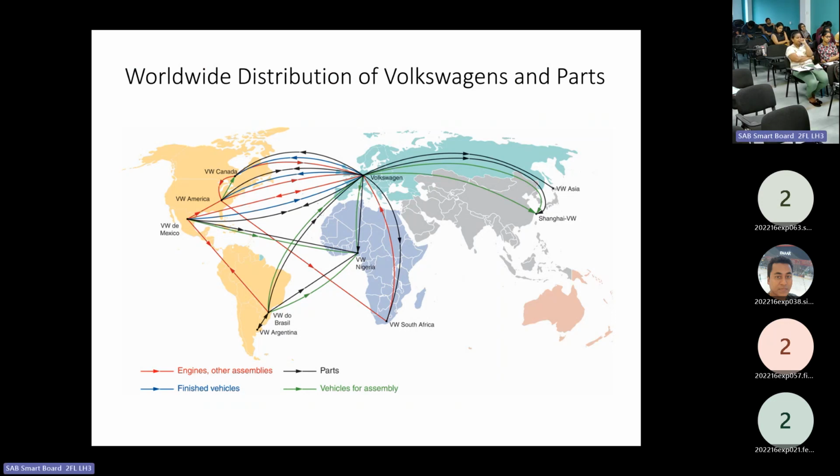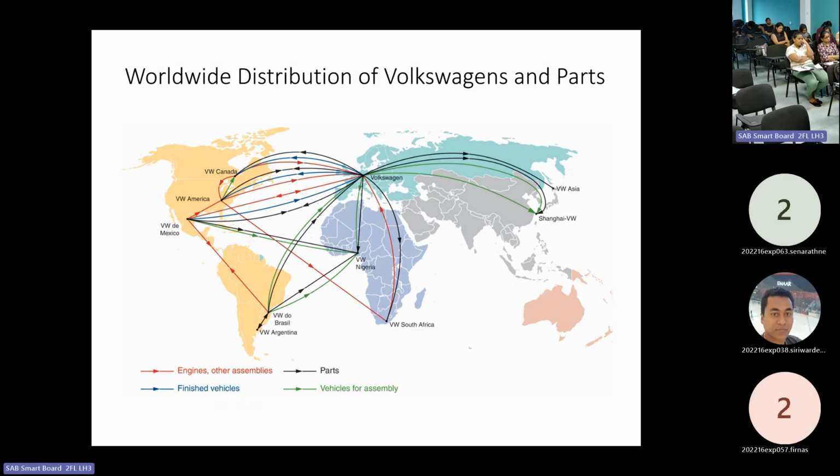So the world network. Likewise, this is the same for almost all other global businesses, like Nestle or Apple Corporate. They have carefully selected the regions and then countries.